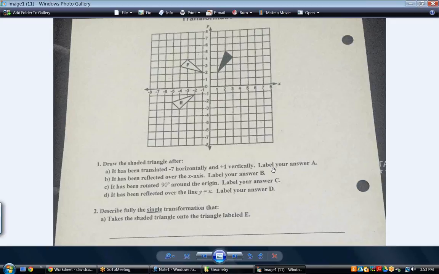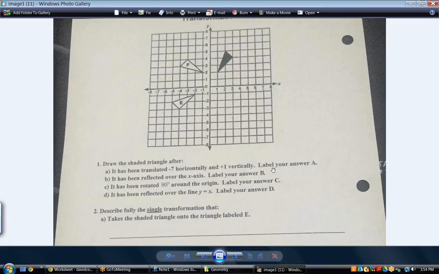I think they mean label the shape A. So you're going to move it to the left 7 units, and you're going to move it up 1 unit.